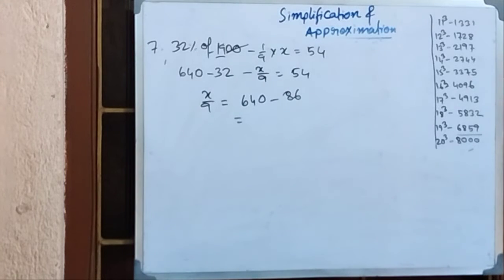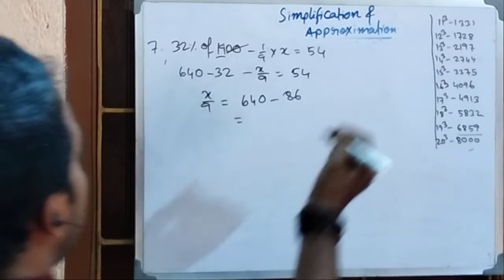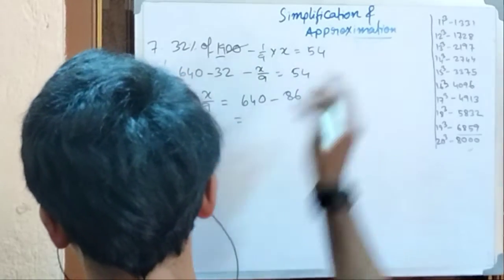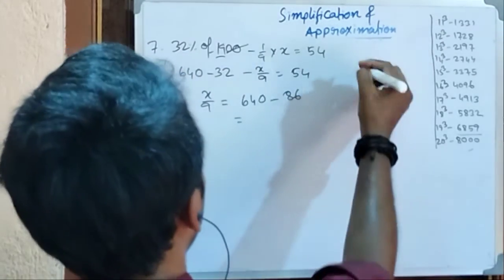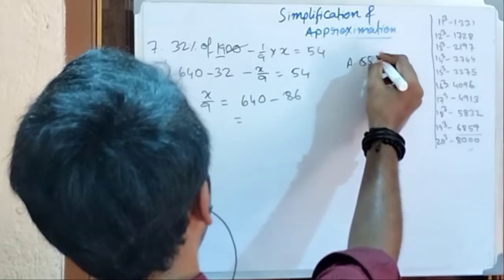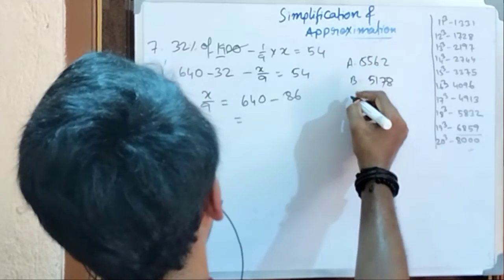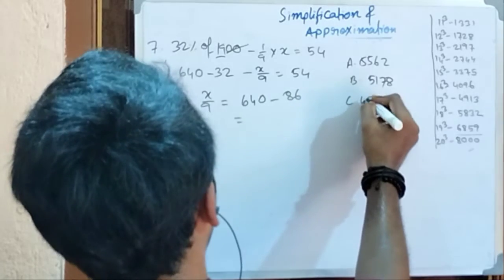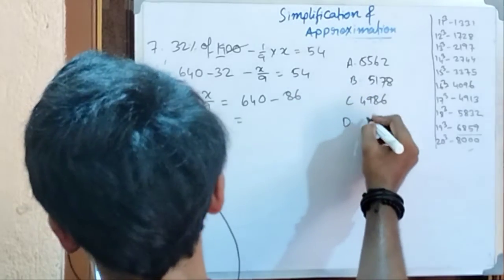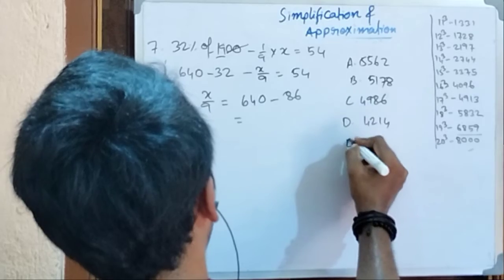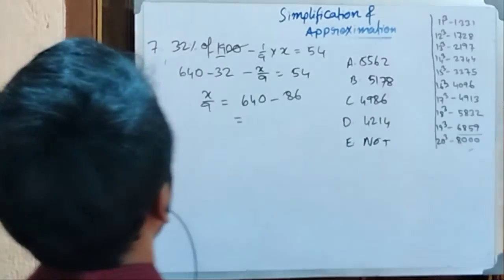So 1 by 9 into x. Yeah, here options are also given. See, option A says 5562, option B 5178, option C 4986, option D 4214, and option E none of these.